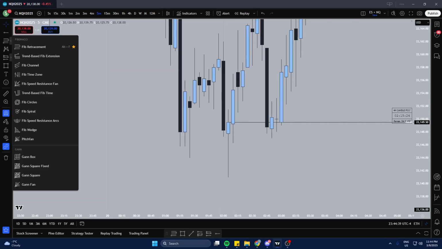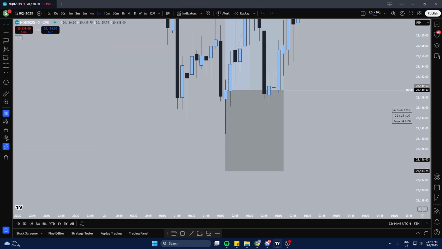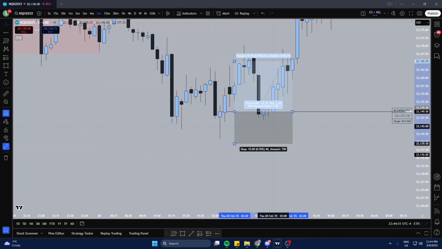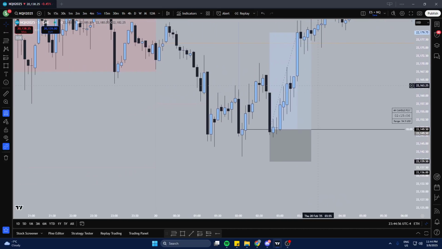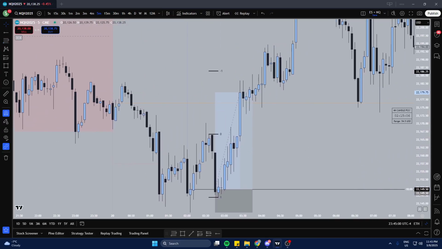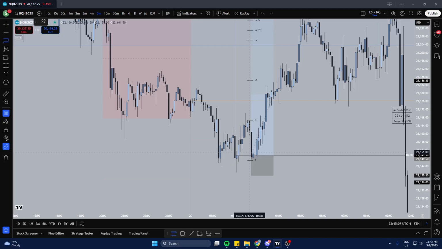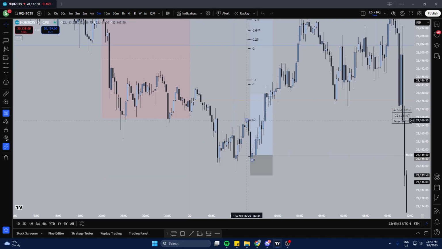So you could just use the CISD plus the key open as an entry right here, and target higher, use standard deviation, whatever, and we have our trade.